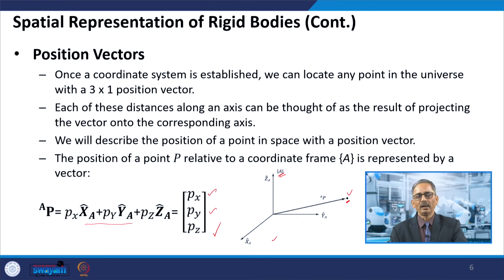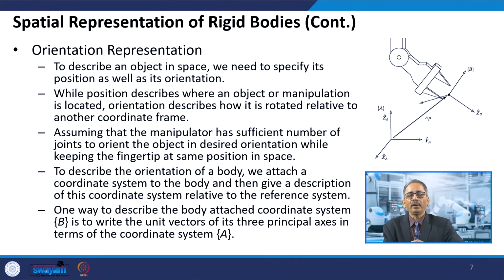That is how we define the coordinate of any point. So, the position vector is nothing but defining the x, y, z coordinate of a point, and it is very simple. Here we attach a superscript A, which indicates that this position vector P is defined with respect to frame A.